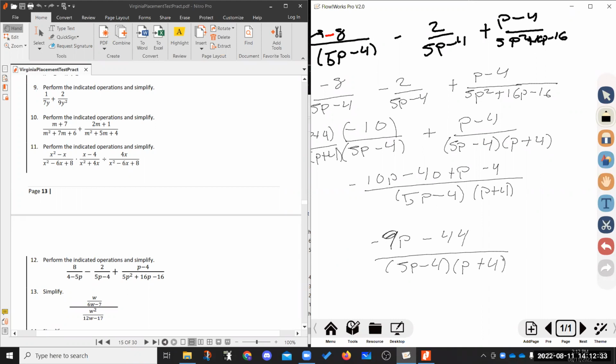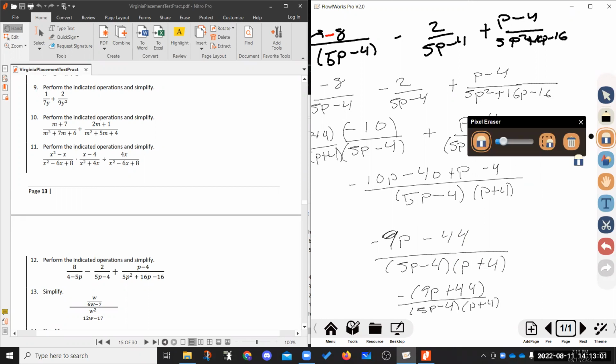We can pull that -1 out. It really won't do me any good to do that, but I'll pull it out. There is no other greatest common factor. And we have completely factored the numerator and denominator.